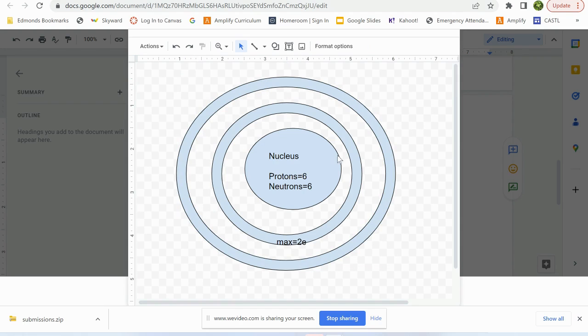Then I can have more and more shells depending on the number of electrons. These shells are called the electron cloud or the shells.